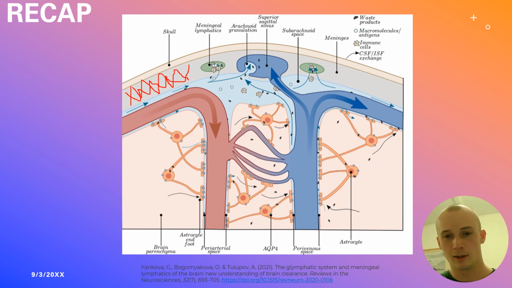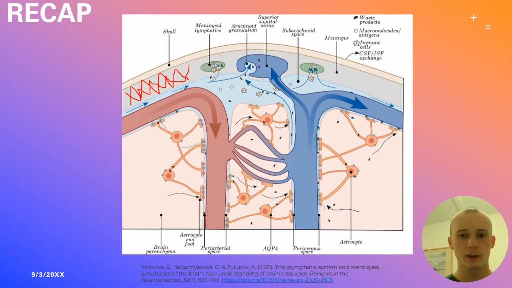But then recently, I say recently, 2012 is quite a long time ago now, it was observed moving at a much faster rate than possible through diffusion. And by the fact that it was moving faster than it could diffuse, things such as the glymphatic system were hypothesized and then proven.